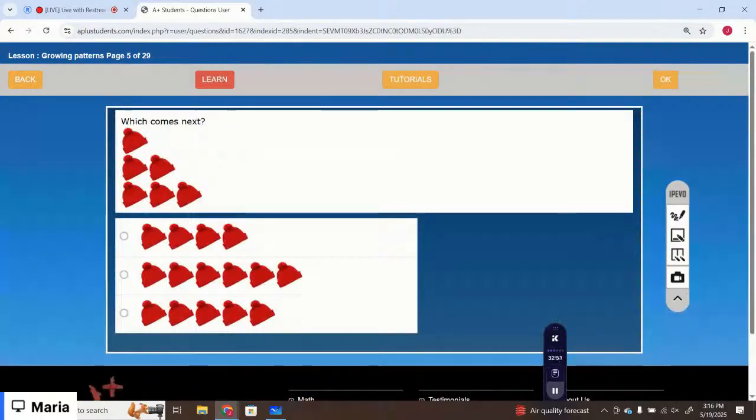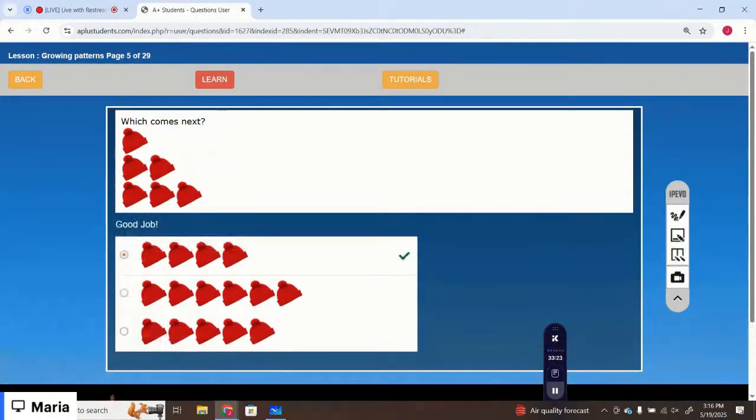Which comes next, which is the correct option? The correct option is option number one.